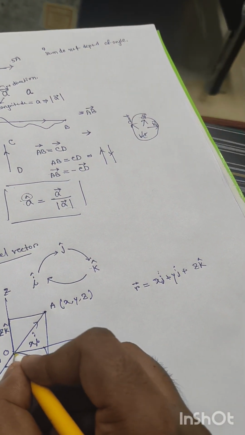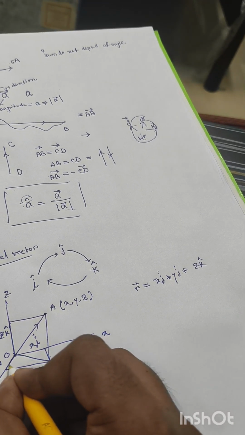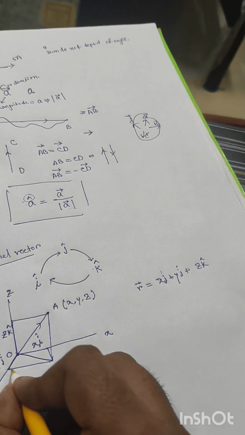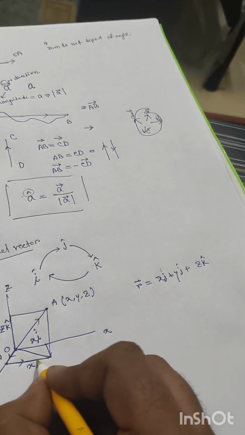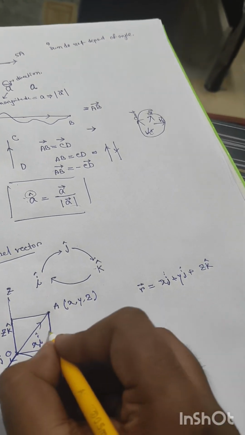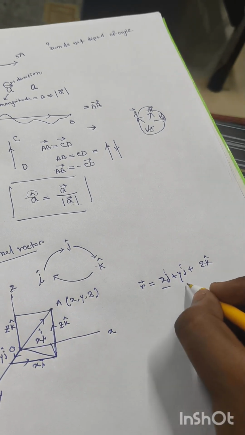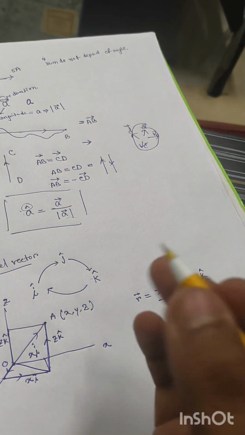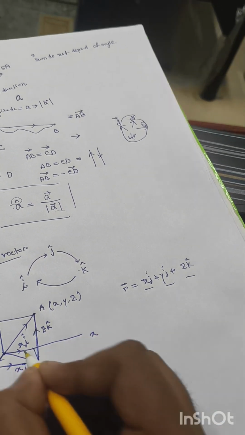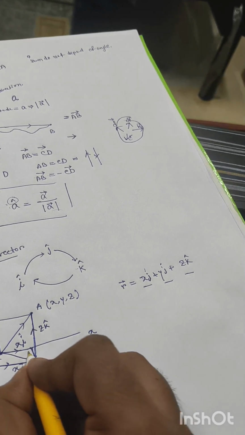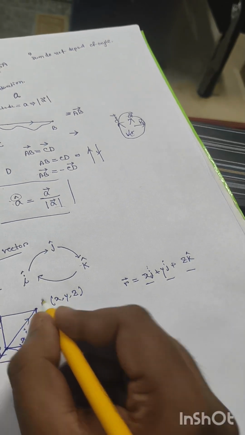Now we start from here. First we came here along y, which is y j cap, then here x i cap we can show, and that is z k cap. Now you can easily understand, and for other paths you can go along x, then go in this direction, that is y j cap, and finally go in this direction.